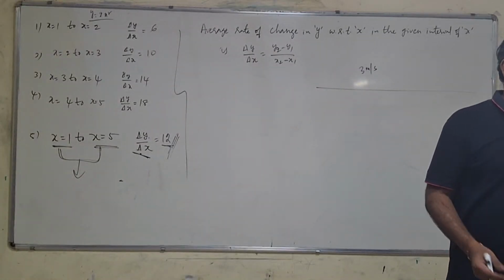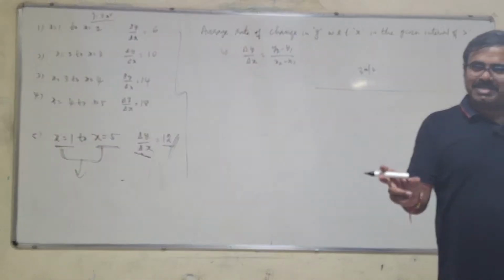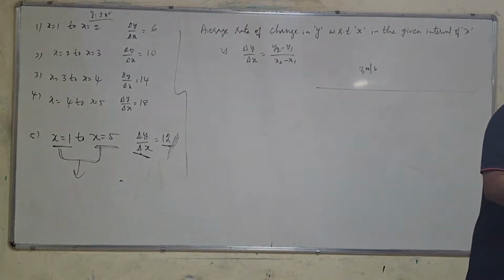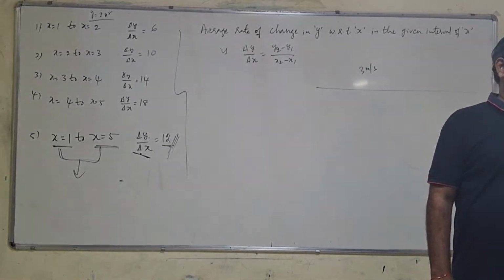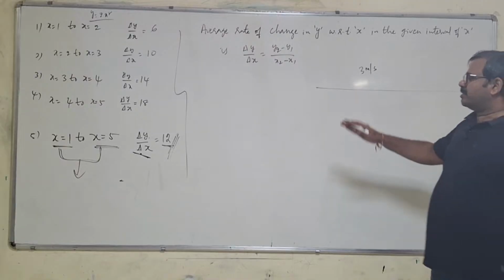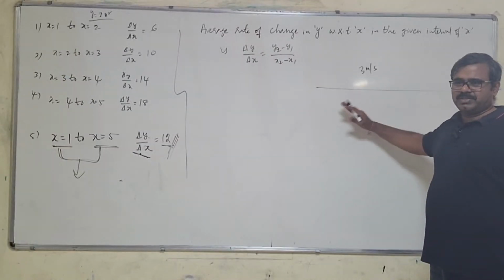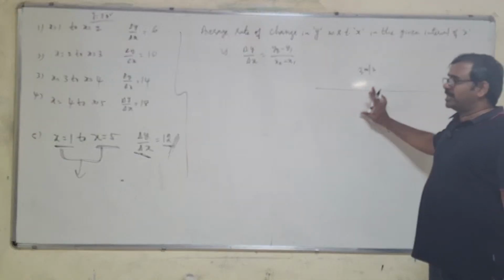When I say speed is constant, what it means is that in the first 1 second it covers a distance of 3 meters. In the second 1 second also it covers a distance of 3 meters. In the third 1 second also it covers a distance of 3 meters. Constant speed means constant rate of the change in distance, constant rate of the distance covered. Distance covered in every unit time is same.